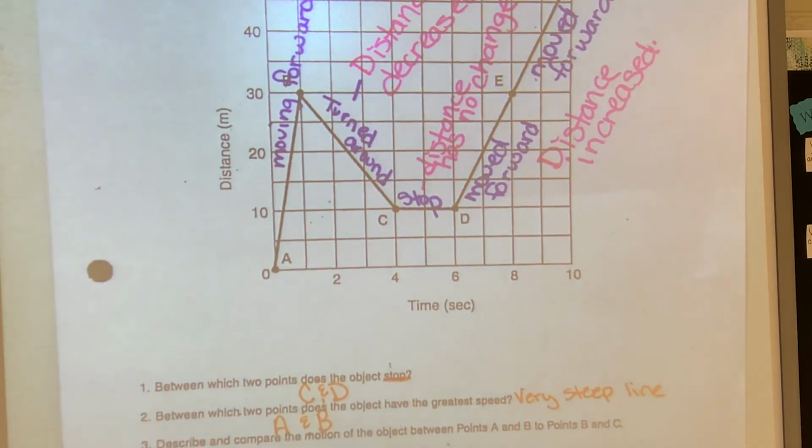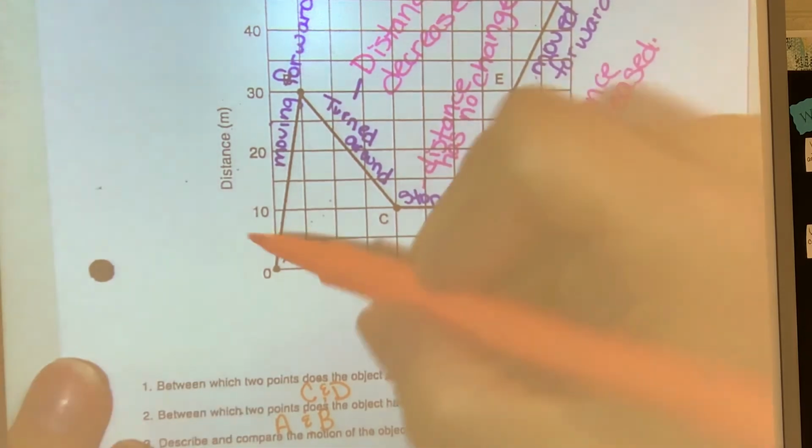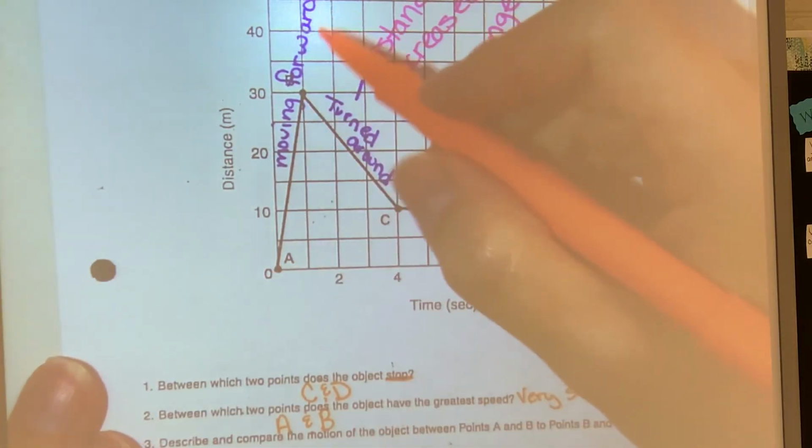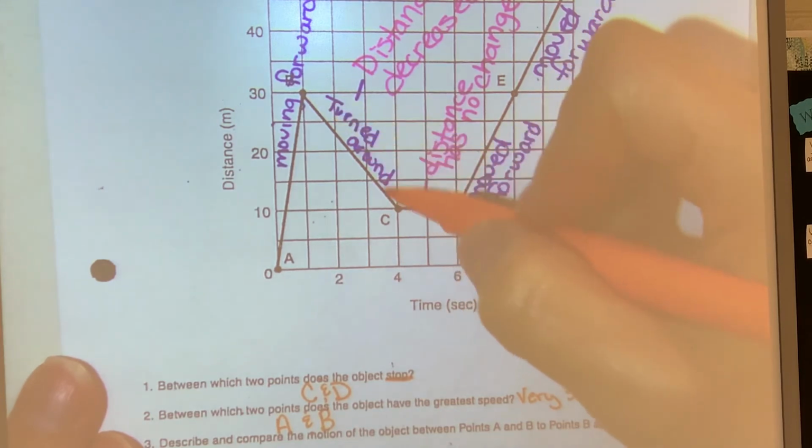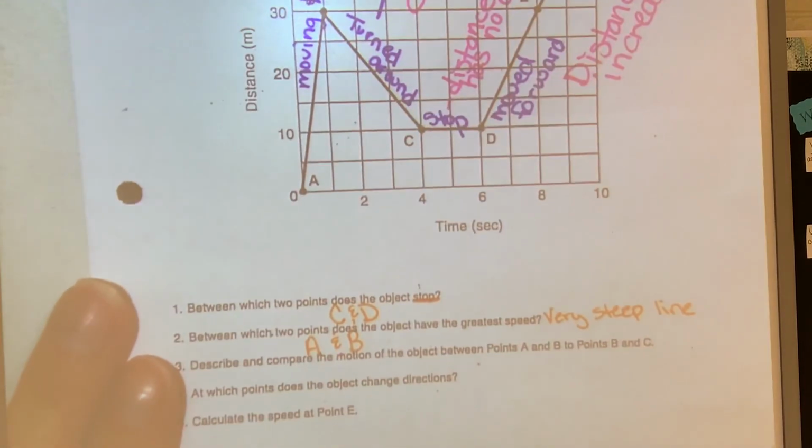All right, describe the motion that happened between A to B to B to C. Well, A to B, we said we moved forward. B to C, my distance went down. When my distance decreased, I turned around.